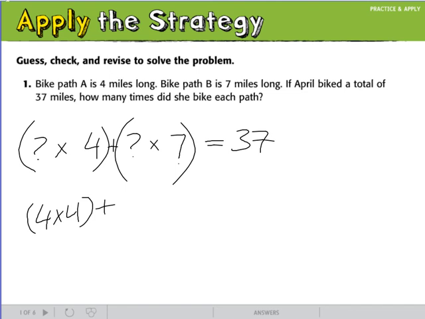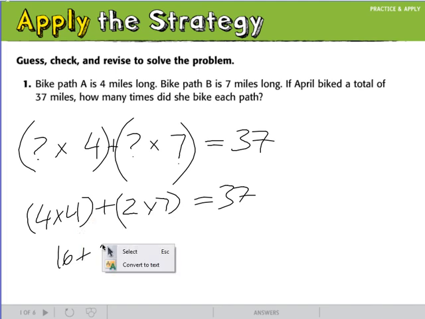Two. All right. It doesn't matter. We just want to know if it equals 37. 4 times 4 is 16. Plus 2 times 7, 14. What's 16 plus 14? 30.